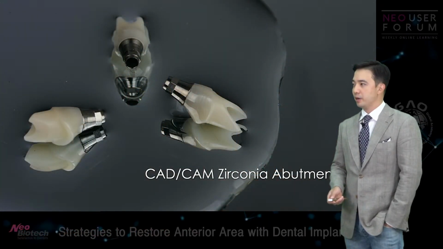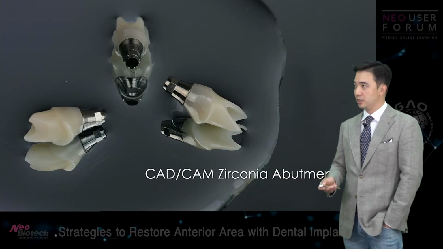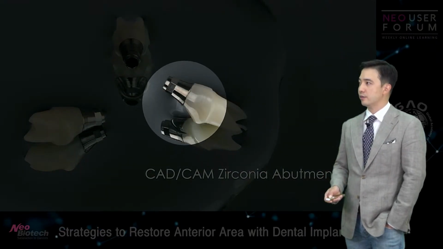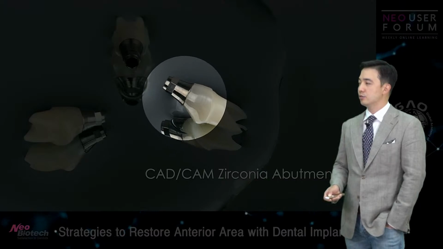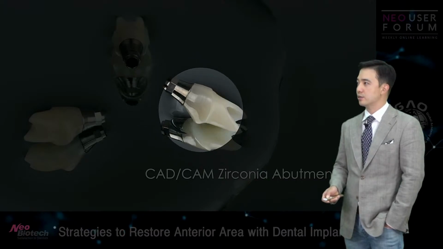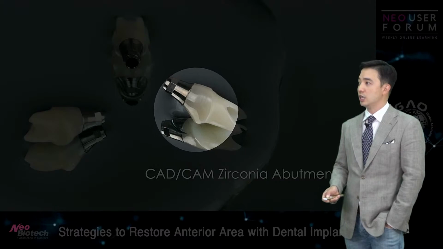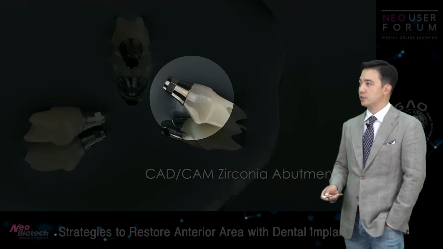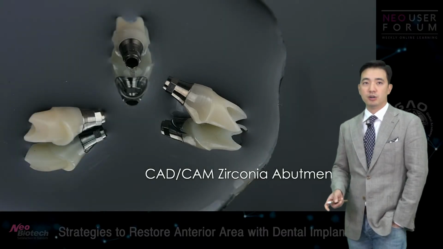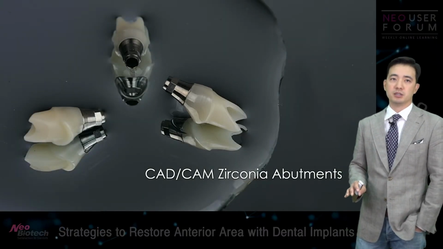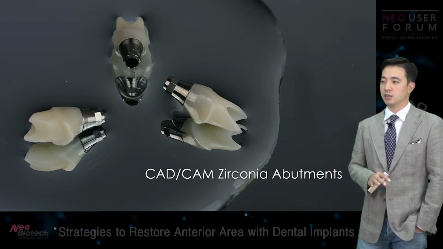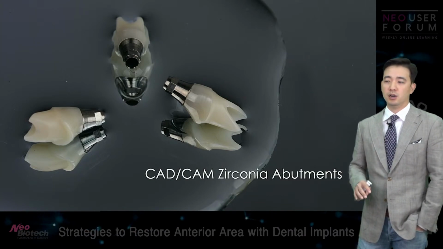Well, the good thing about zirconia abutment, as you can see on the photo here, look at the surface here, okay? Compare those two surfaces between titanium and zirconia and see how shiny and really, really smooth the zirconia surface is. As you all know, a highly polished zirconia surface is the most dense and most smooth surface of all the materials in the field of dentistry.